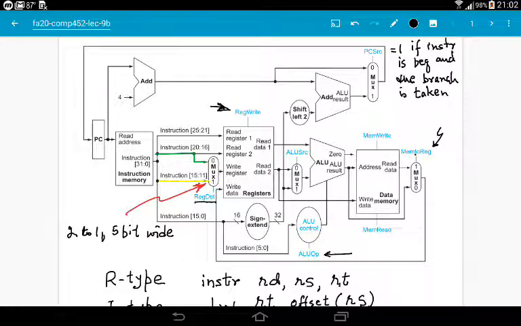Okay, so that's why reg write has to be 1 for load word, and it must be 1 for all R type instructions. Okay, let's talk about mem write. Mem write will be 1 for store word instructions, and mem read will be 1 for load word instructions.